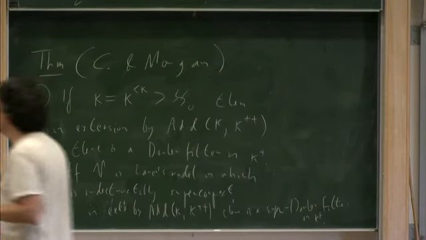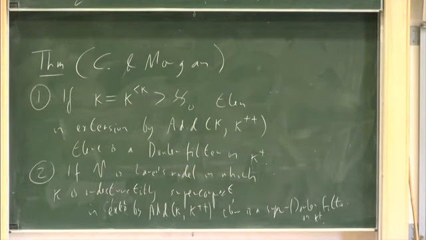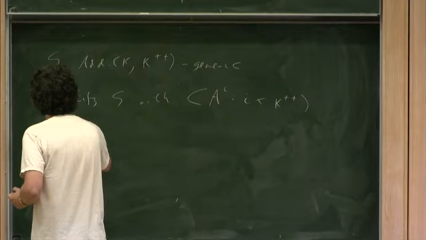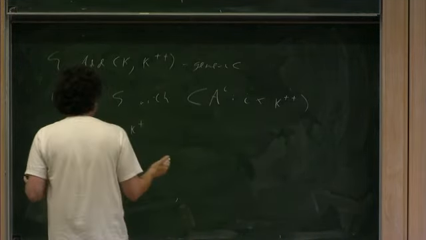That's how I'm going to view the generic, by identifying kappa double plus with the Cartesian product kappa double plus times kappa plus times kappa plus. So I'm going to identify G with a sequence of sets, let's call them A_i, i less than kappa double plus, where A_i is contained in kappa plus times kappa plus.